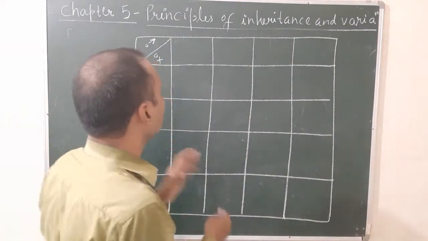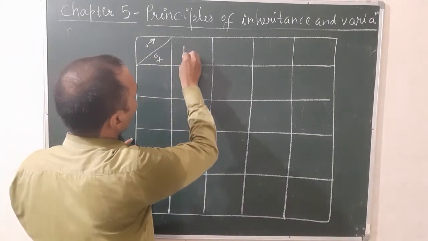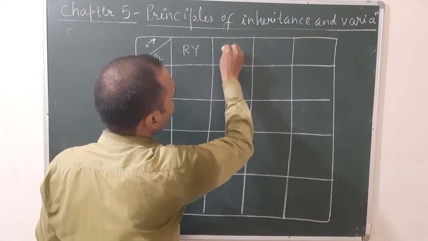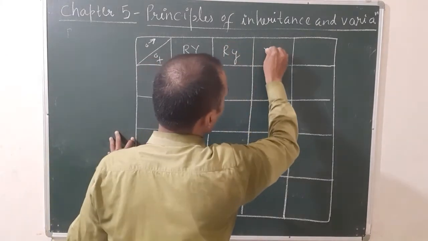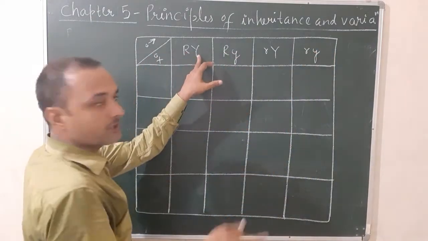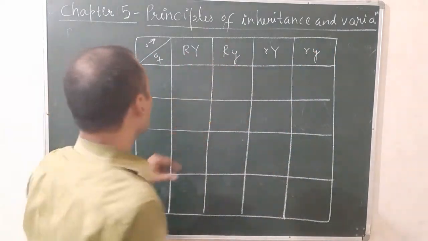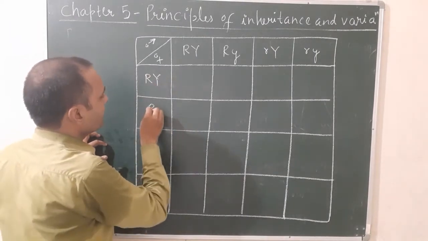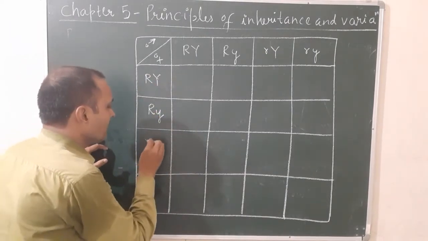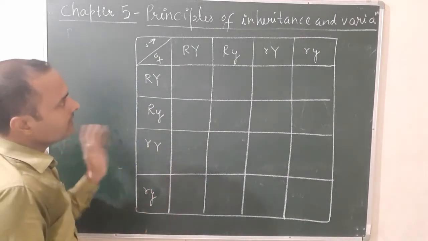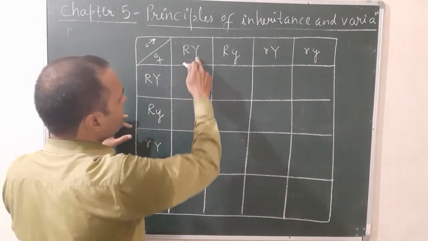Suppose this is the male parent. The male gametes are capital R capital Y, capital R small y, small r capital Y, small r small y. And here again, capital R capital Y, capital R small y, small r capital Y, and small r small y. Now you will combine these together.